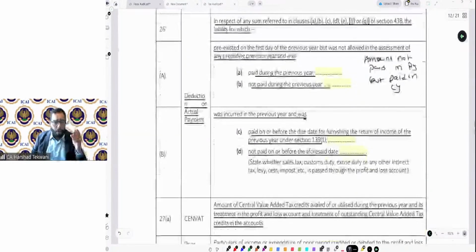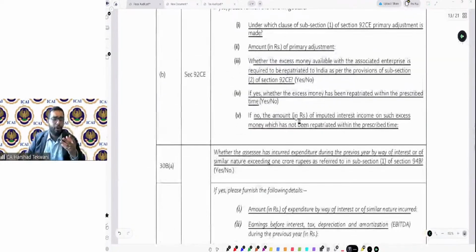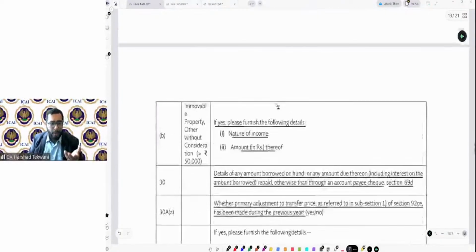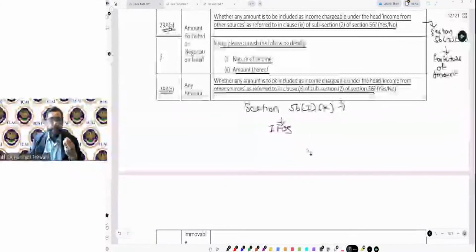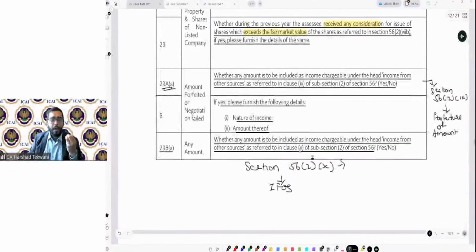Till the time you do not have that knowledge, for example, if you are not aware of section 92CE or 94 or 96 or any section, let's say 56, it will be very difficult for you to understand what amount is required to be reported and where. I hope I'm clear.